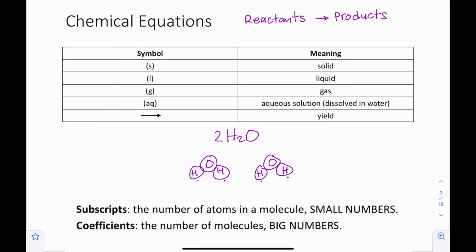You can also multiply the coefficient by the subscript to get the total number of atoms. So 2 times 2 equals a total of 4 hydrogens. And 2 times 1, I know there's no 1 there, but no number there just means 1. So 2 times 1 means 2 oxygens. So again, we're multiplying the coefficients and the subscripts to get the total number of each atom.